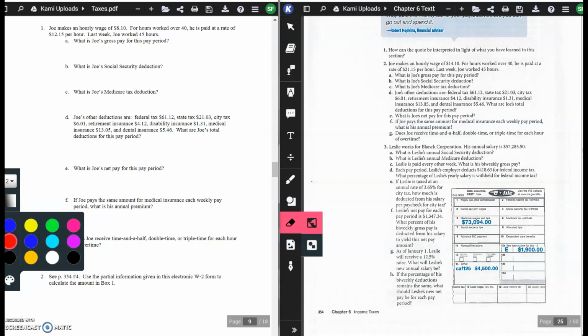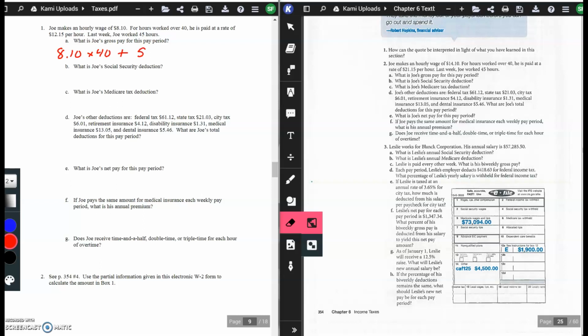Okay, so gross pay, you take your hourly wage of $8.10, and he worked 45 hours. So for the first 40 hours, he makes $8.10. So $8.10 times 40, and he worked 5 hours of overtime in this case because 45 total hours.